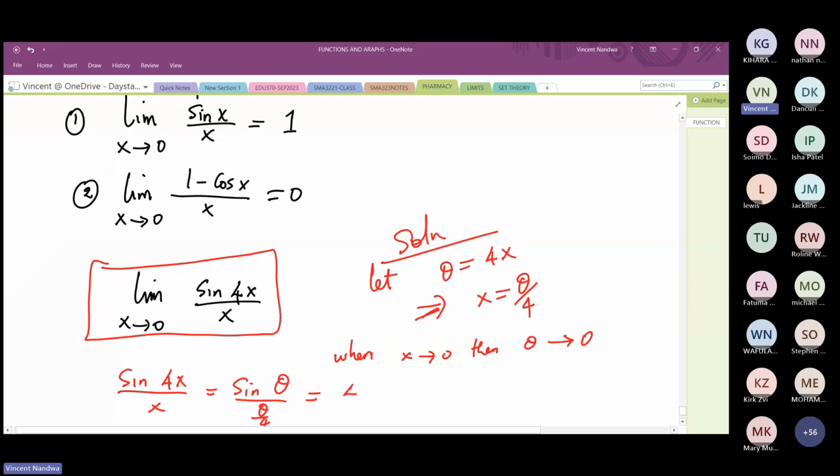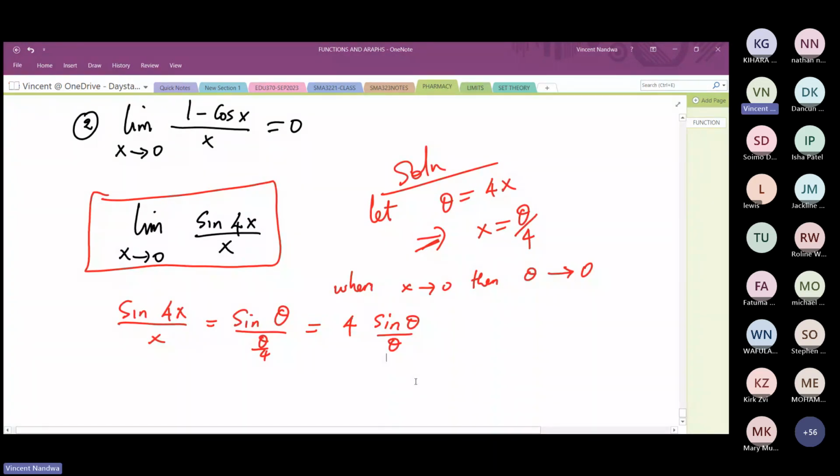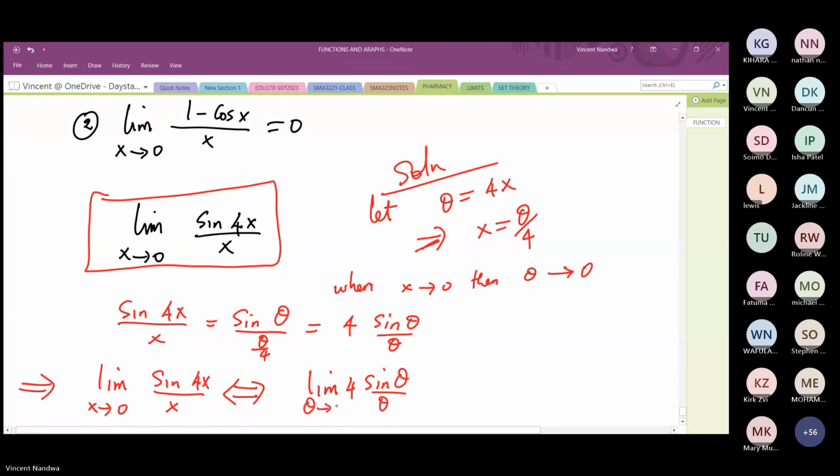And are you able to see that this will be the same as 4 sine theta over theta? Yeah, good. So limit as x approaches 0 of sine of 4x over x is the same thing as writing limit of 4 sine theta over theta as theta approaches 0.